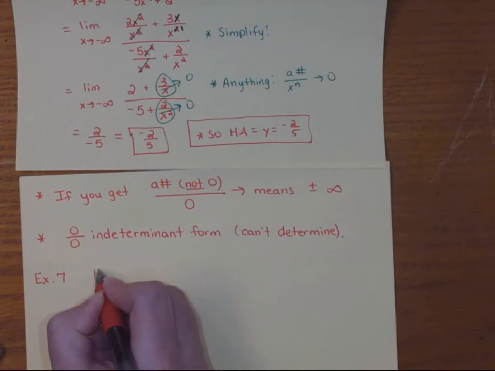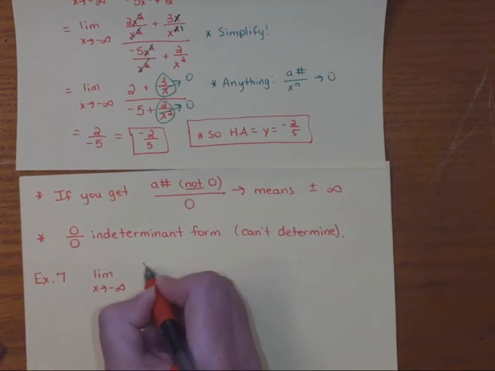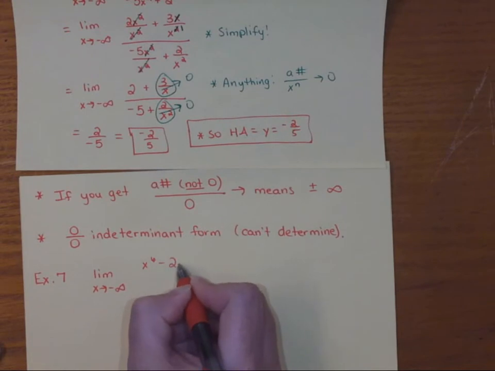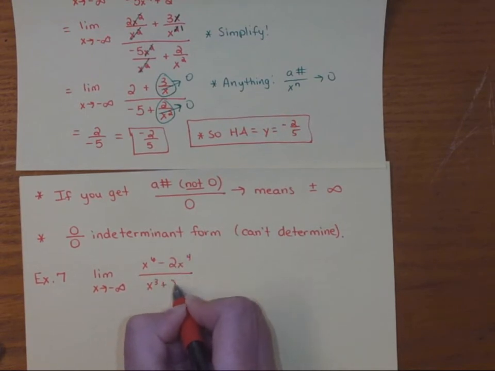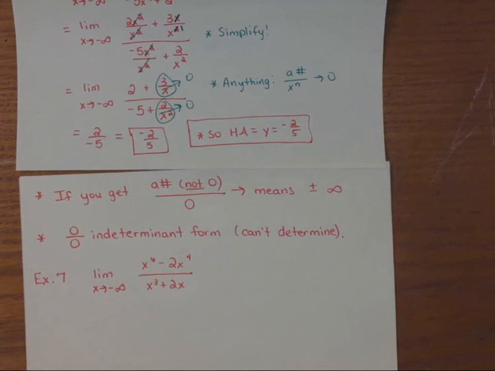All right, so let's try this strategy and see what happens here. So we have x to the 6th minus 2x to the 4th, and then over x cubed plus 2x. So we're going to do our same strategy, right?